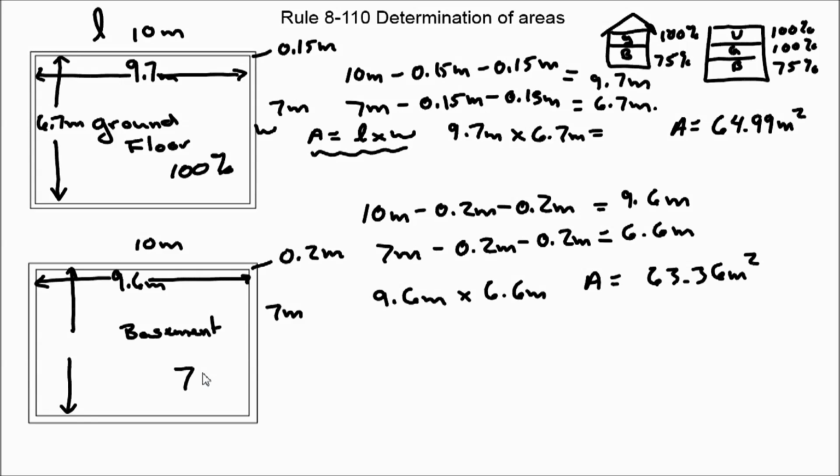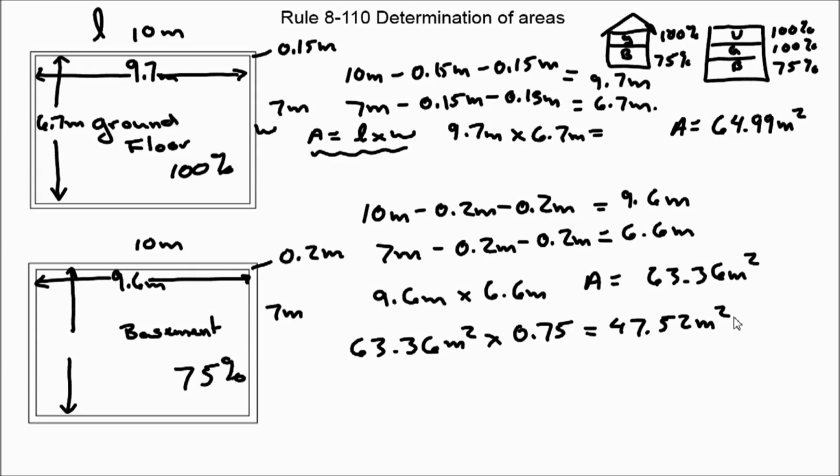But we're only looking for 75% of our basement. So we need to take that 63.36 meters squared, times it by 0.75, that's 75%, and we get 47.52 meters squared.